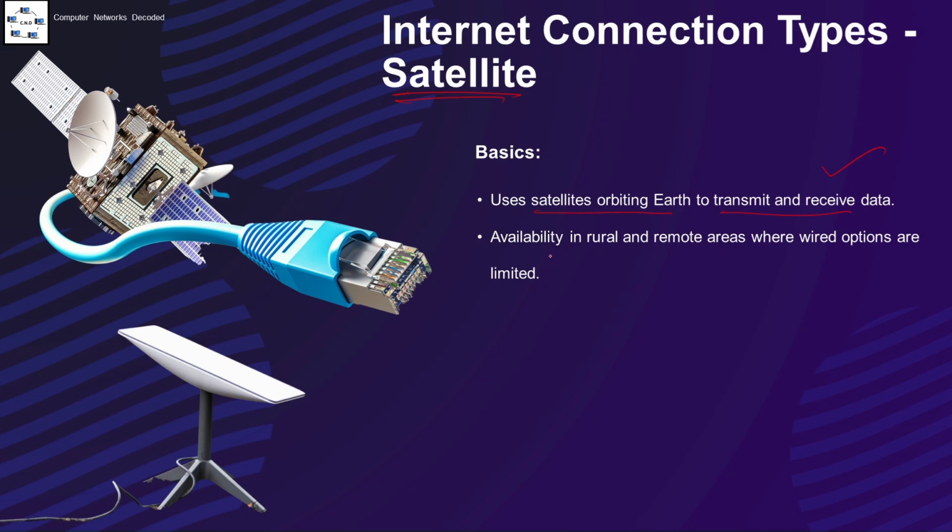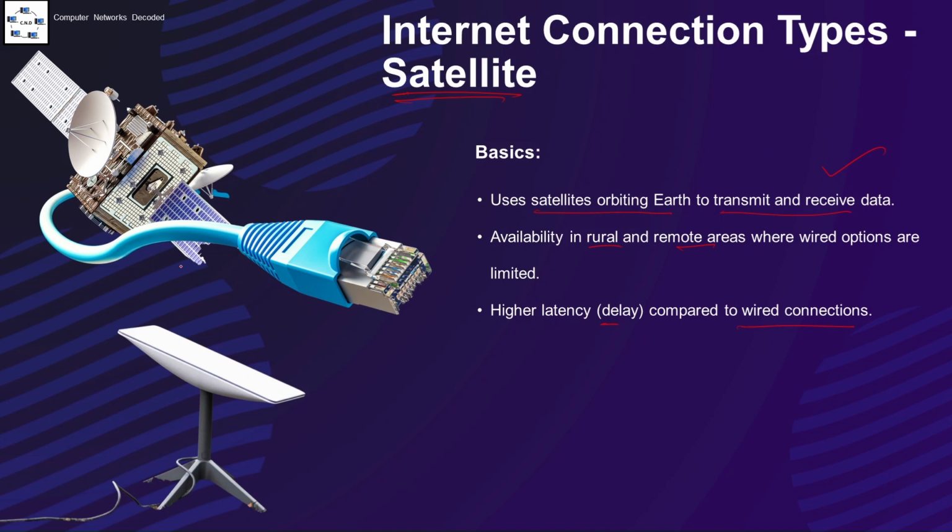It is crucial for the availability of internet in rural and remote areas where wired options are limited, such as in mountainous areas. Satellite internet has higher latency, or delay, compared to a wired connection. Why?